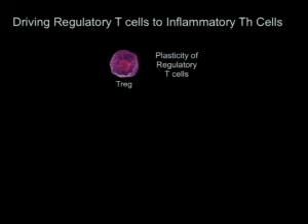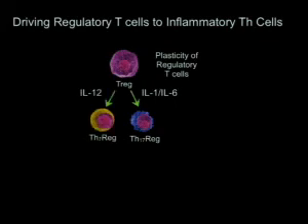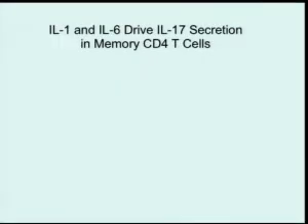We had thought that they were terminally differentiated cells, but examination in more detail, taking different subpopulations of non-terminally differentiated Tregs, shows that there is a fair degree of plasticity, and that IL-1 plus IL-6 can induce Th17 Tregs, and that IL-12 can induce Th1 Tregs. So that's what I'm going to show you now, the data for these observations.